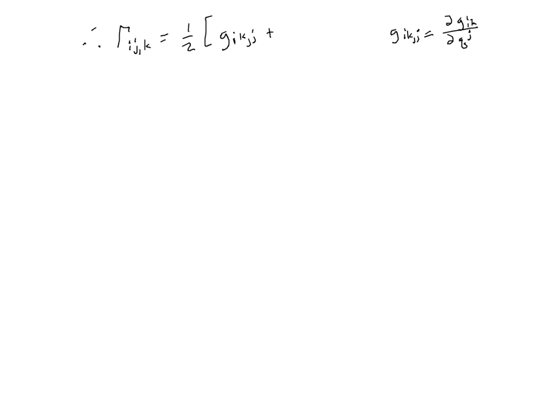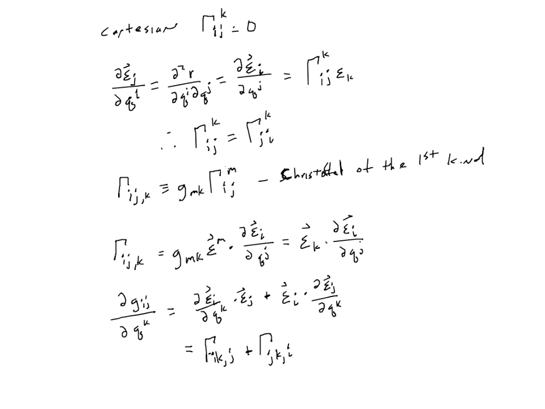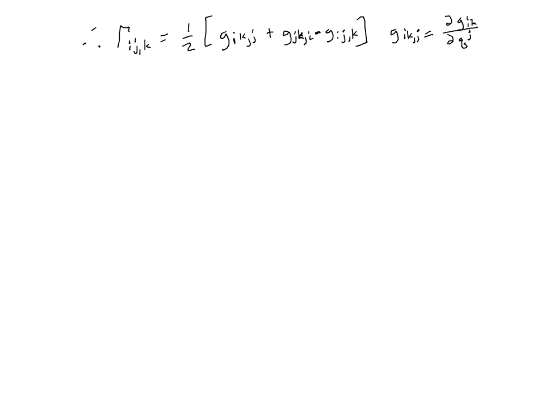And so I have this plus g_jk,i minus g_ij,k. And that'll actually get you the Christoffel symbol. And you'll notice that if you took each one of these terms and you filled in what we have here, we can show that this is true.